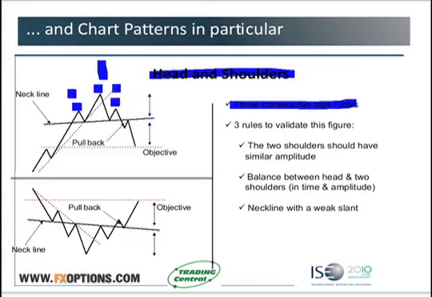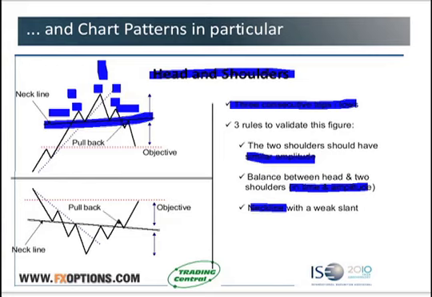The 2 shoulders should have similar amplitude. That means around the same size, and they are quite similar in time and amplitude. And as for double bottoms and double tops, the neckline should not be horizontal.